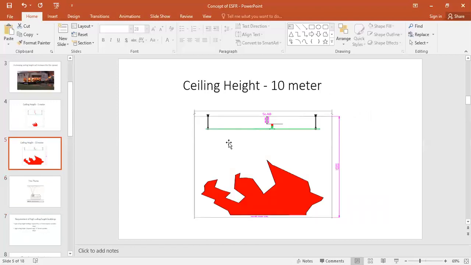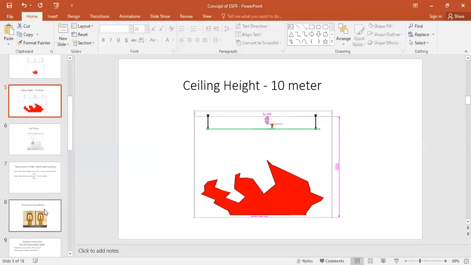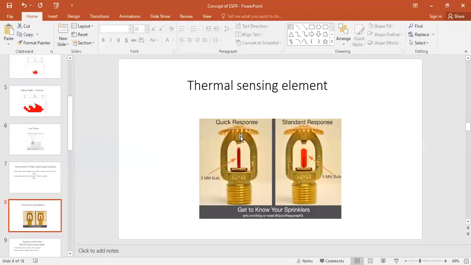Due to this height, the sprinkler bulb, the thermal sensing element, will sense the heat late. It will take more time than in lower ceiling areas. So in order to sort out this issue, we use quick response sprinklers.